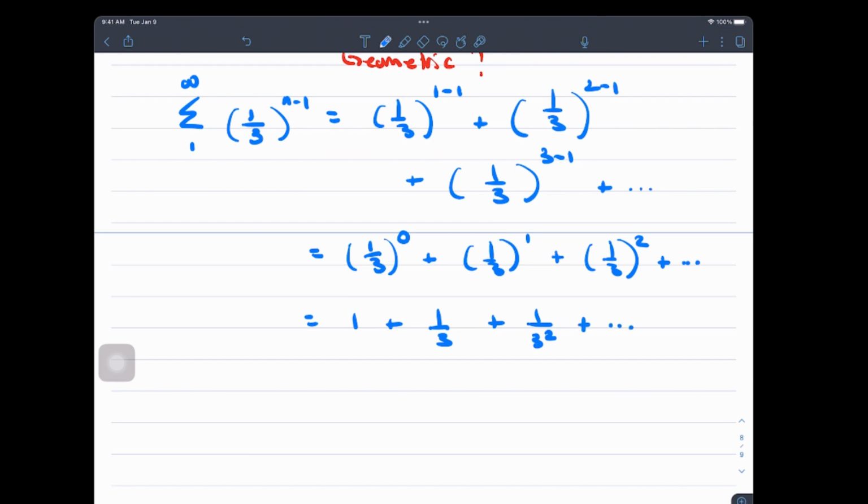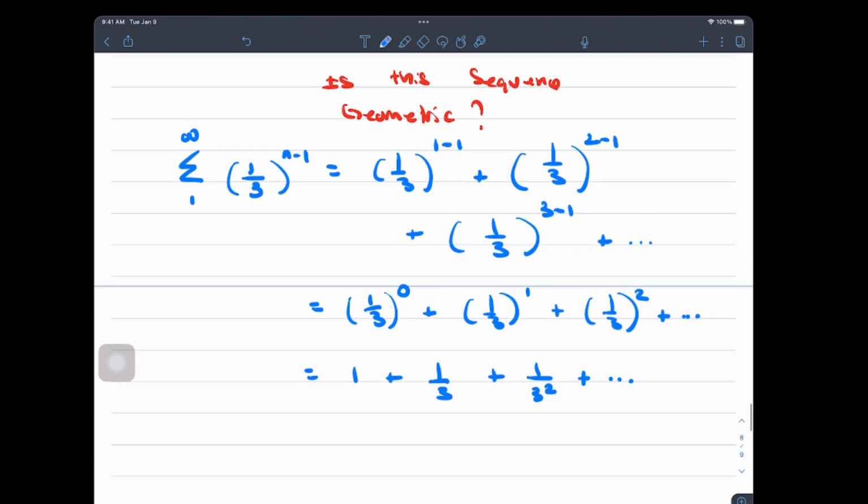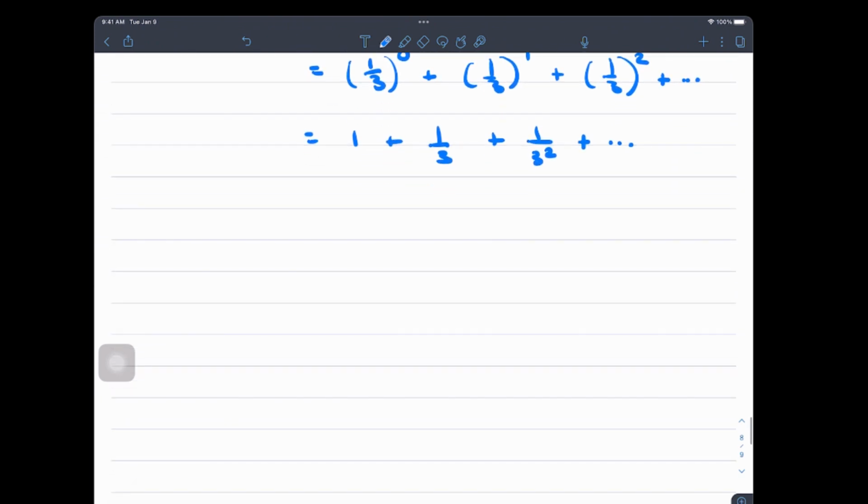So then we're trying to answer, is this geometric? Okay, this is the process you got to go through. Is it geometric? And what do you guys know? If it were geometric, this is a plus ar plus ar squared, and it would continue that pattern forever, okay?